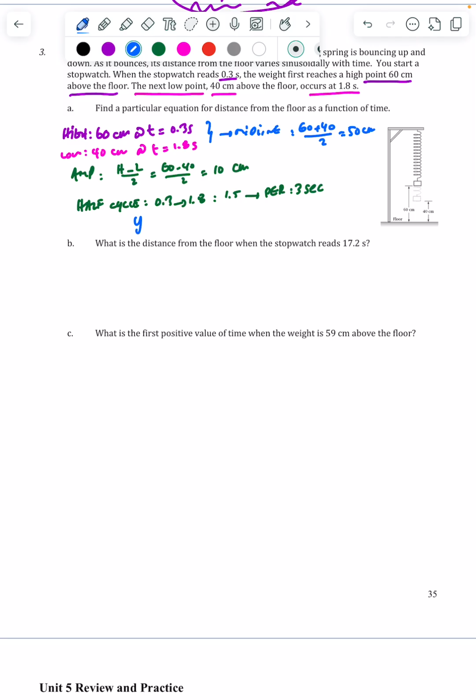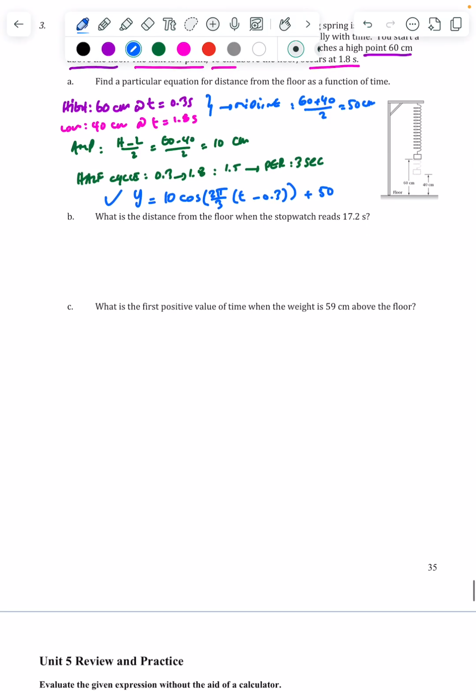Your equation is going to be y equals a, which is positive 10, times cosine of 2 pi over b, which is 2 pi over 3, and then in parentheses t minus the shift. We started at 0.3 seconds, so t minus 0.3, close parentheses, and then plus the midline, which is 50. The most critical piece is this, to set the equation up, because the rest is going to follow from it.